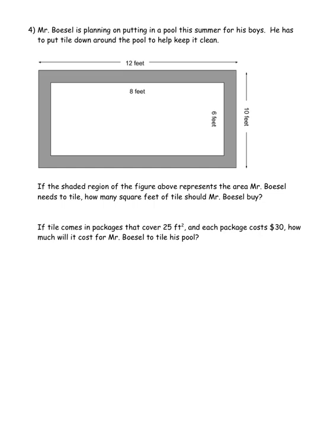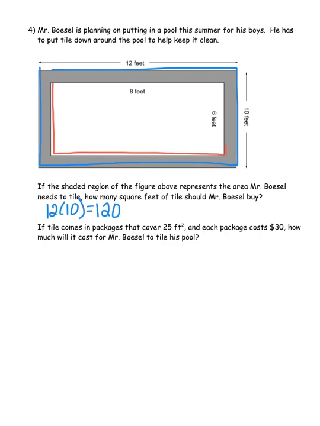So here, when we look at this, we have this large rectangle. That's a 12 by 10, which, when I was looking through your work, a lot of you used that and you got 120. Now, if Mr. Basil was tiling this entire thing, he would need 120 square feet. But the part that a lot of you forgot to consider is that this inner part here is the pool and isn't getting tiled.